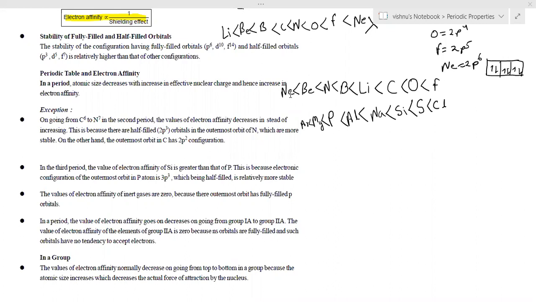In going from carbon to nitrogen, electron affinity decreases instead of increasing because of the half filled atomic orbital of nitrogen. This I have already explained. And in the third period, the same thing will happen.